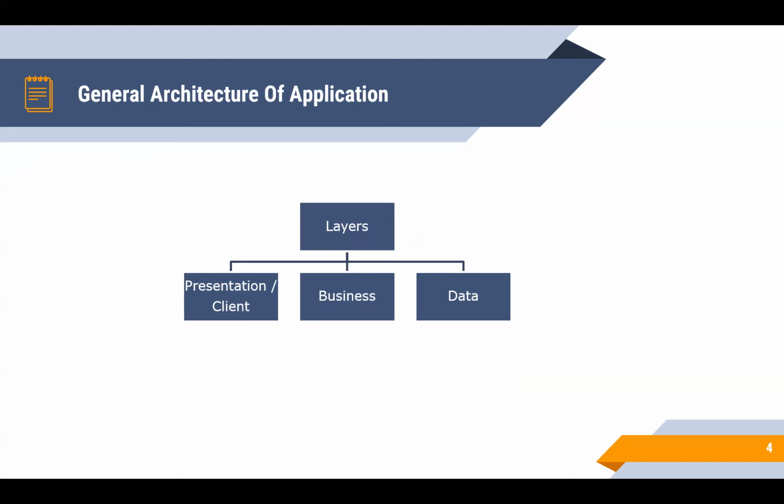If someone asks what you are using in the presentation layer, you need to tell them HTML, JavaScript, jQuery, and for the map-related part we are using Leaflet or OpenLayers. All these things are part of the presentation layer or client layer.